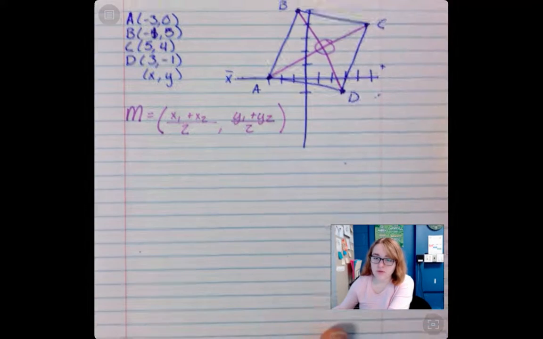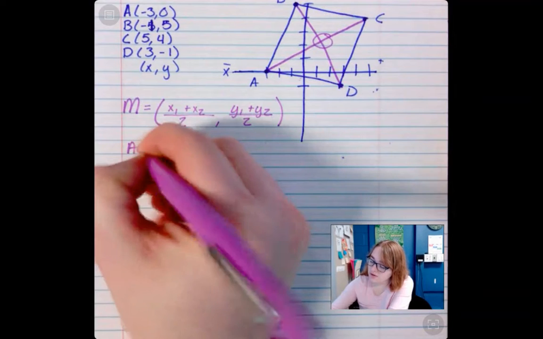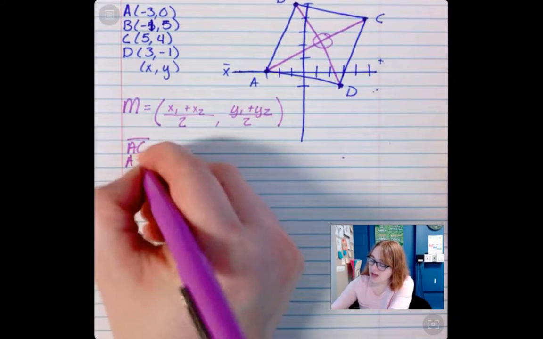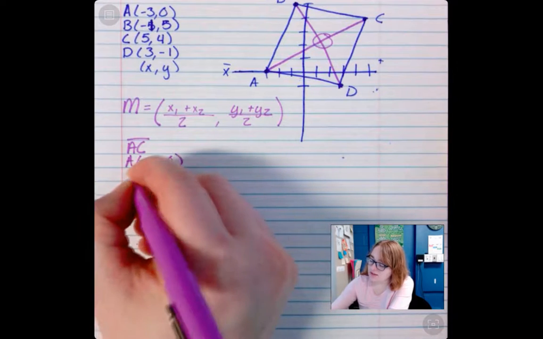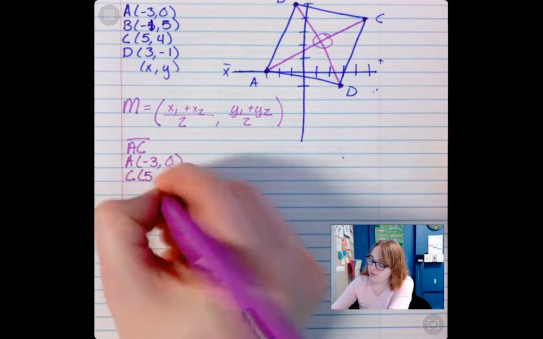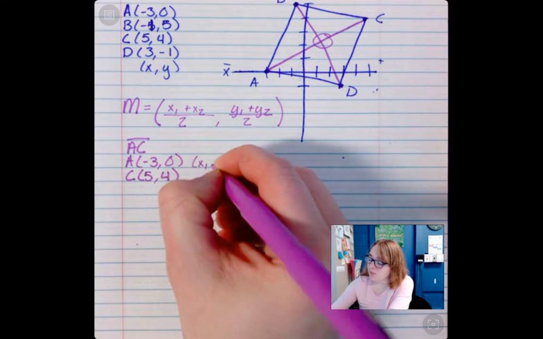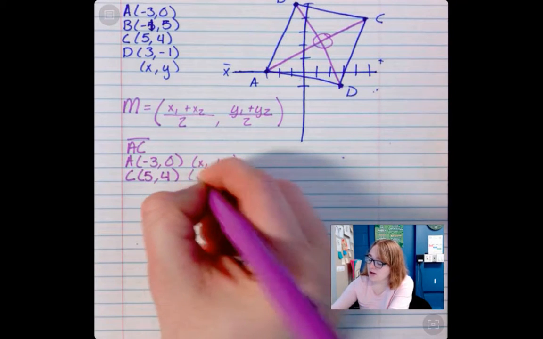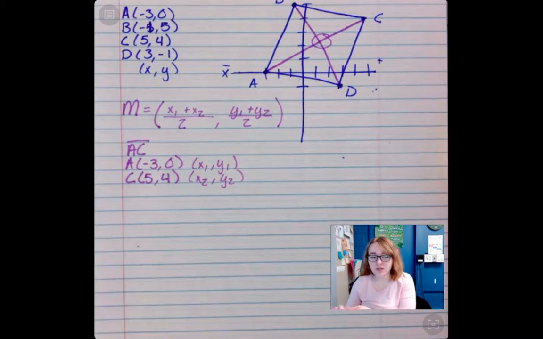Okay, so first we're taking between A and C. First diagonal, point A is at -3, 0, and C is at 5, 4. Okay, again, we're going to pick our favorite point, our x1, y1, and our second favorite point, x2, y2, and then plug it into our formula here.